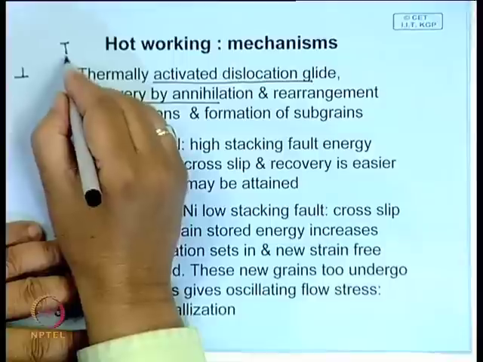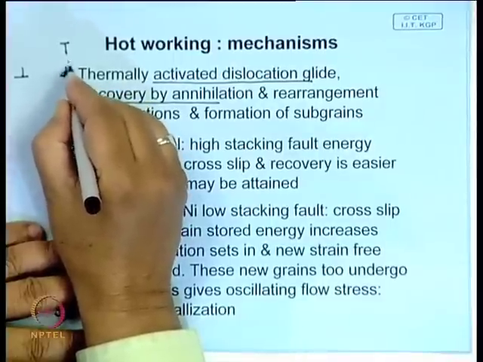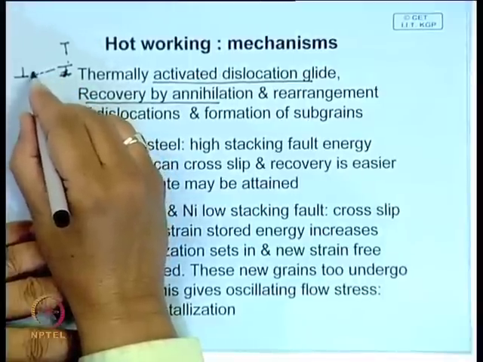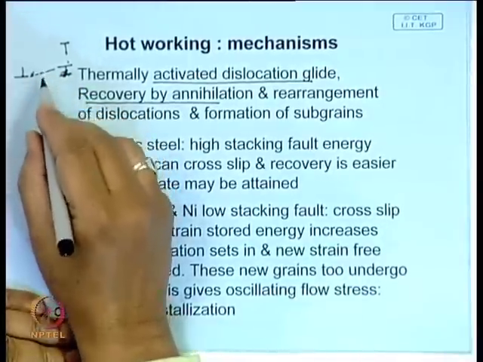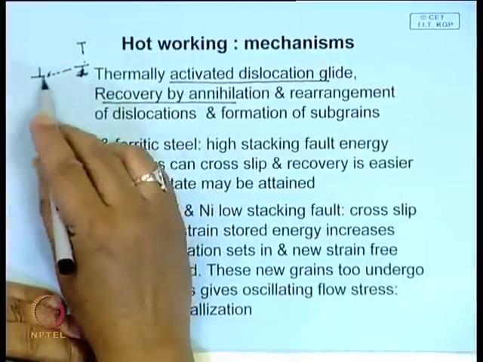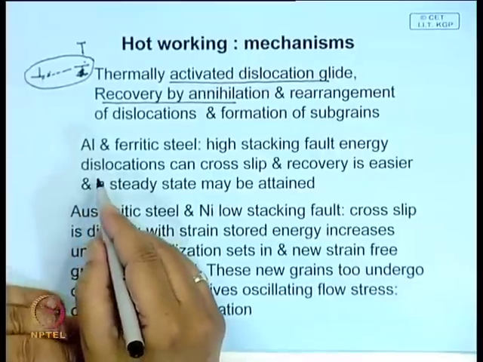This will climb down, it comes here on the same plane, and then it moves on this plane, and then it actually annihilates. When the two join together, the dislocation will disappear.